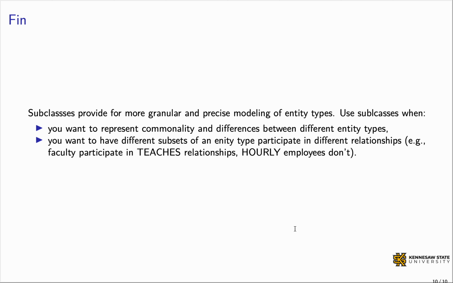You can also use subclasses when you have certain subsets of an entity type that participate in different relationships. For example, we might want to say that only faculty can participate in a teaches relationship, but not hourly employees, because we have a policy at the university that all teachers are faculty members who are salaried employees and not hourly employees.